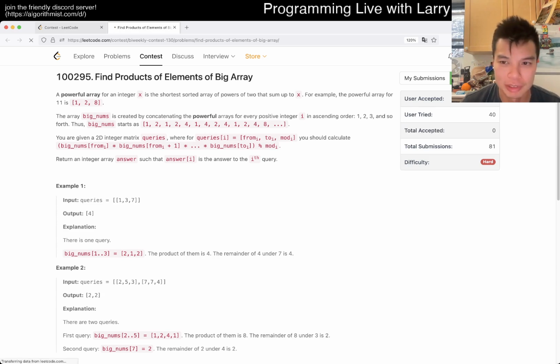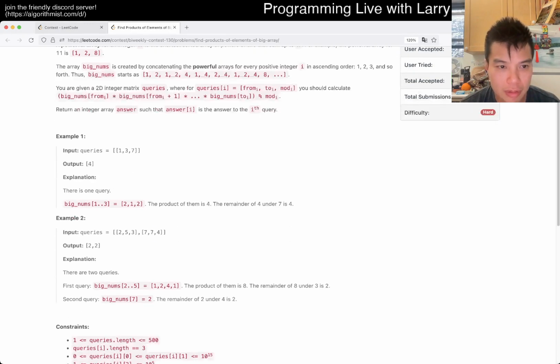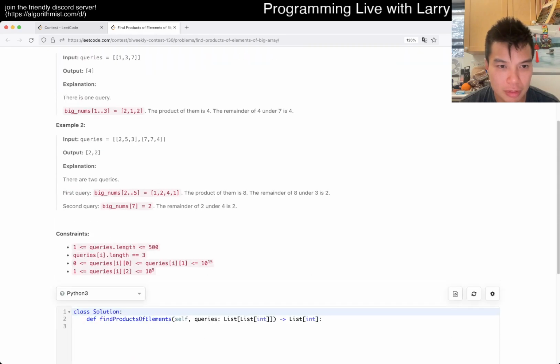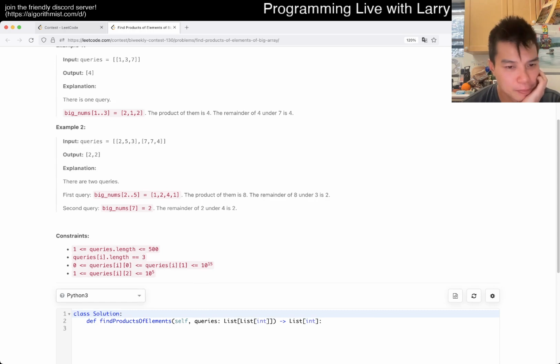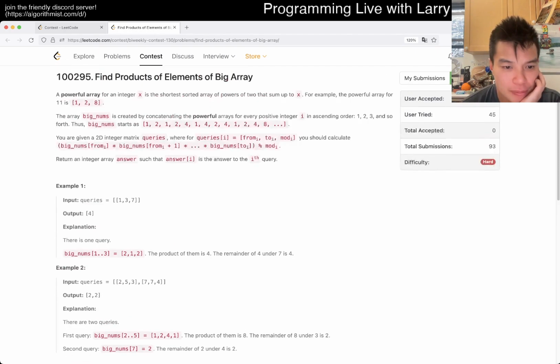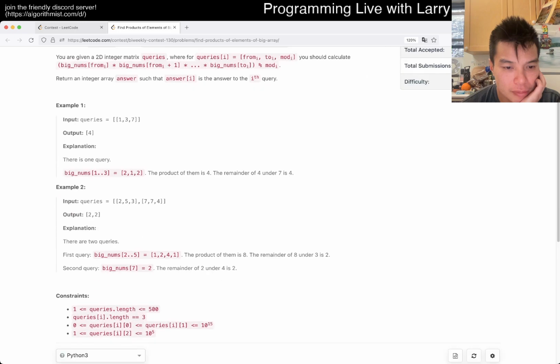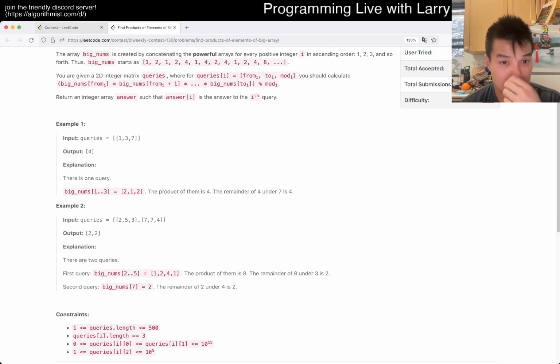That is indeed a tricky one to read, for sure. Code is only 500. That's interesting. Can you do the prefix thing? I don't know.